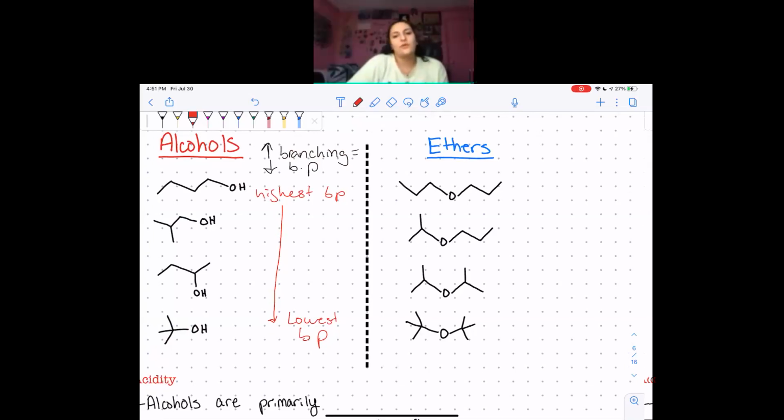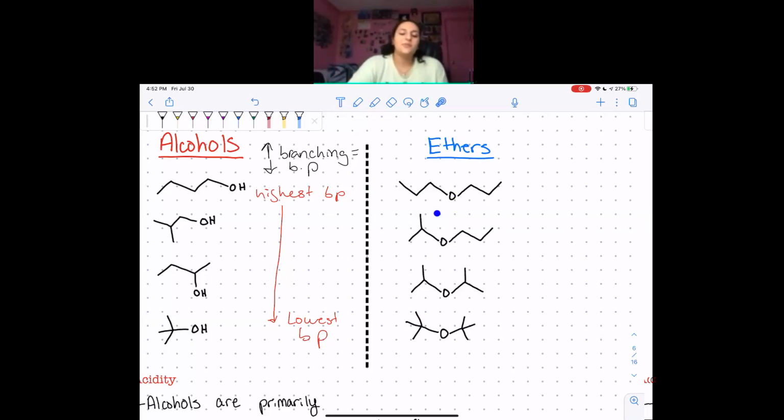Same exact thing for ethers. The more branching we have, the lower the boiling point, but now we have to watch out for the two different sides. So if we have something that has two sides with no branching, that's going to be the most tightly packed and the least branching.